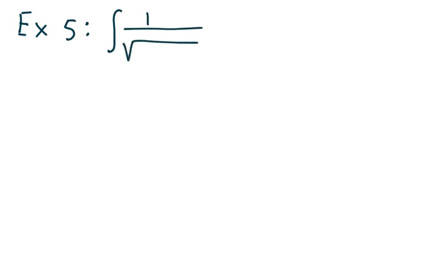If we take a look at one more example, in example 5, suppose we had something like this. Suppose we had the integral of 1 over the square root of x squared plus 2x plus 5 dx.